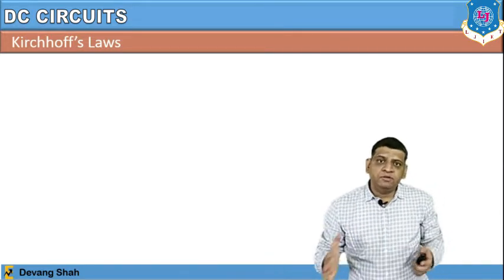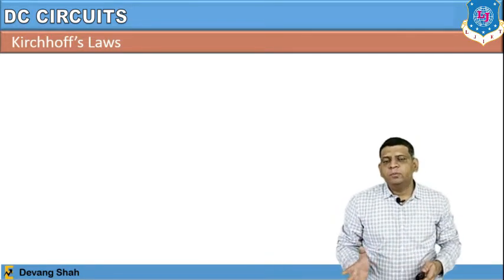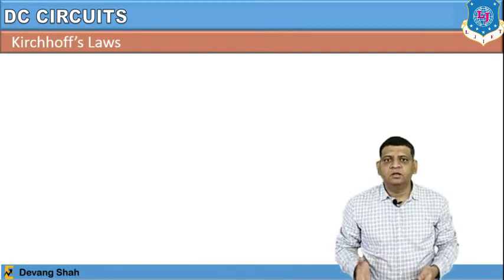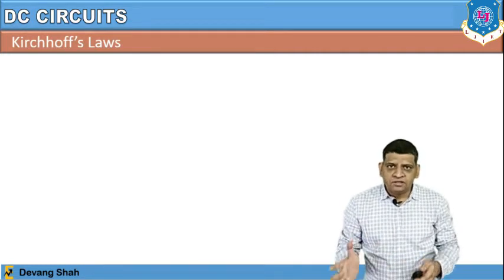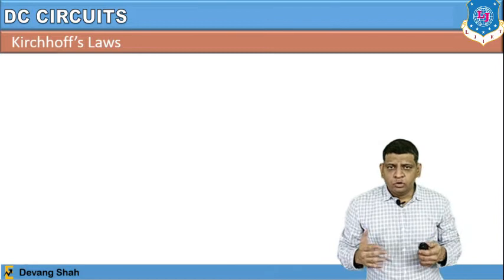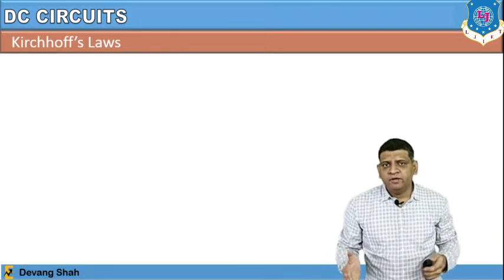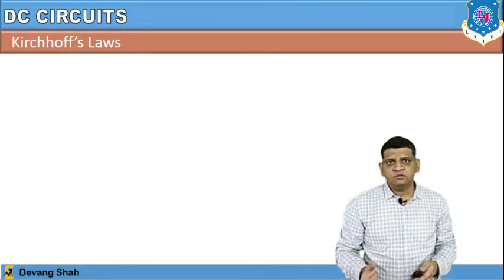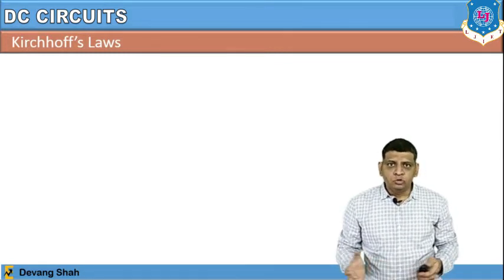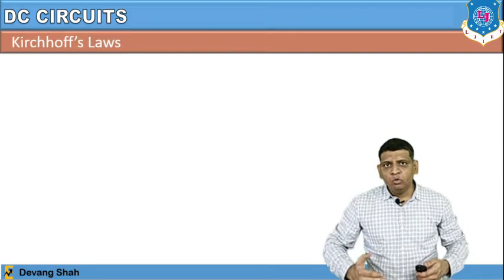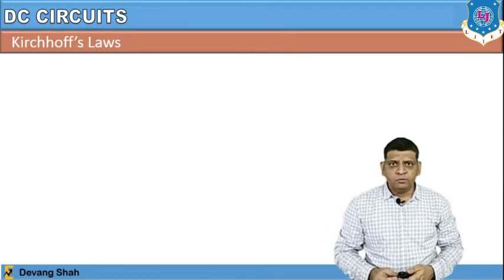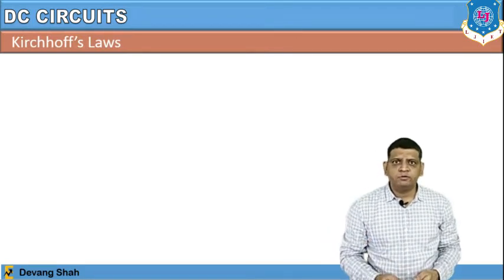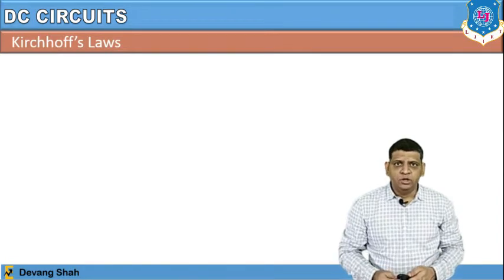In our last session we discussed the basic components of electrical circuits, like resistance, inductor and capacitor. We also discussed Ohm's law, where we found the relation of resistance, voltage and current together, and how they affect the performance or operation of a specific circuit, which we need to understand.